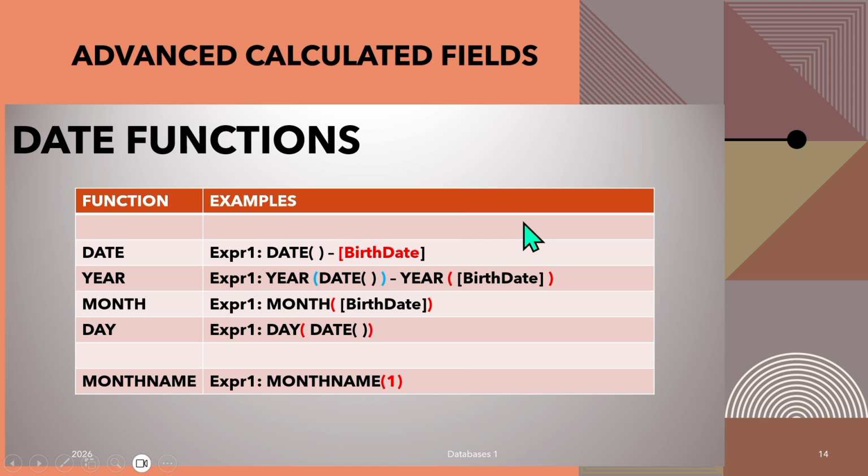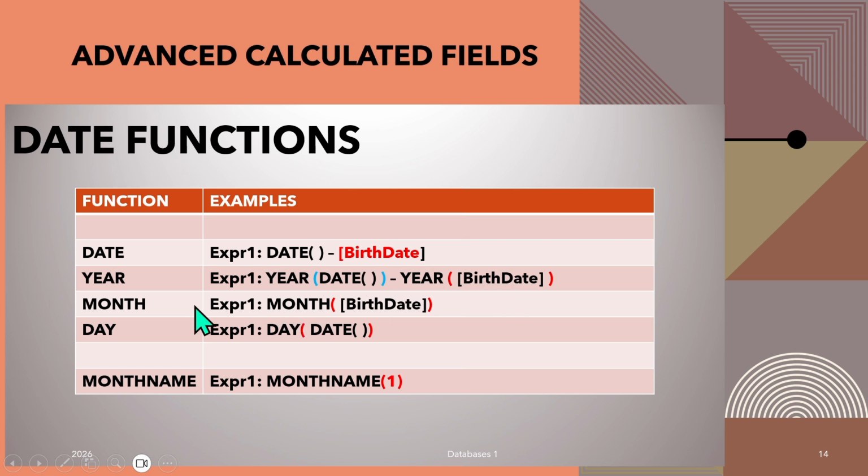The last group is the date functions. If you want to look at the number of days the person has lived so far, you use the Date function minus the birth date. For the number of years the person has lived so far, use Year in brackets, please follow the order of these brackets, minus the year of that given field, birth date.